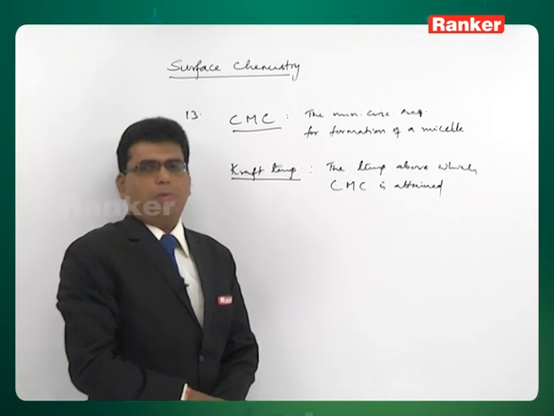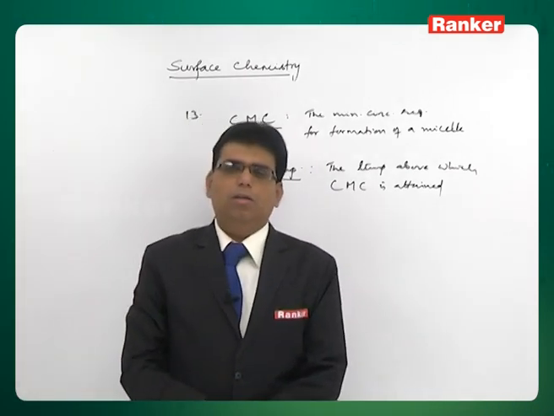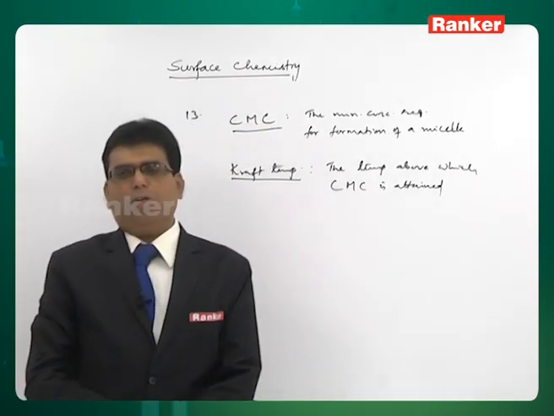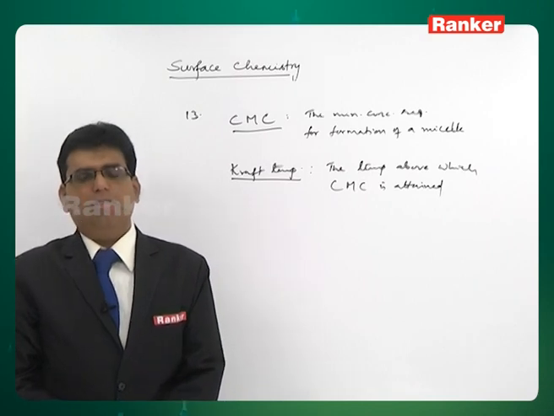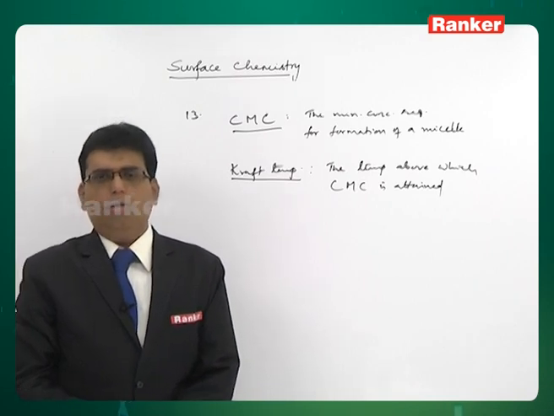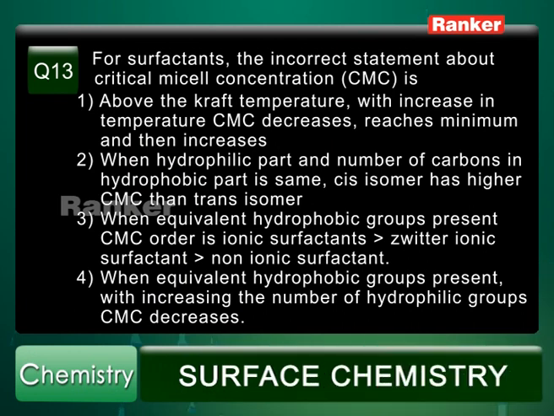If the temperature is below the Kraft temperature, whatever the solute concentration may be, micelle is still not formed. The first option reads: above the Kraft temperature, with increase in temperature CMC decreases, reaches a minimum and then it increases. Yes, it is true.